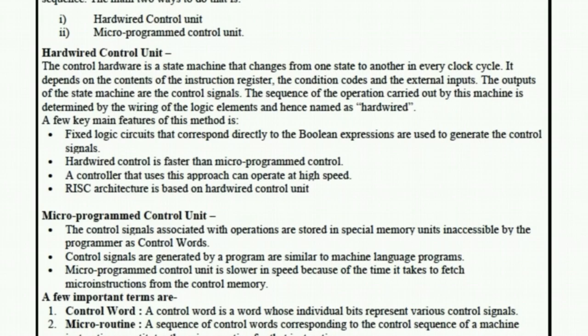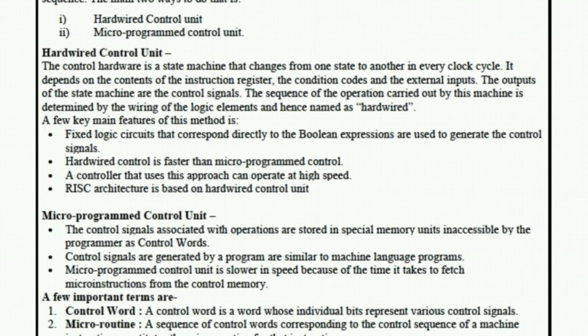So this is the basic summary of a hardwired control unit. What happens is that it changes from one state to another state in every clock cycle. The main key features are that it has a fixed logic circuit and it directly corresponds to the Boolean expressions. The hardwired control is faster than the microprogrammed control, and it is based on the RISC architecture.